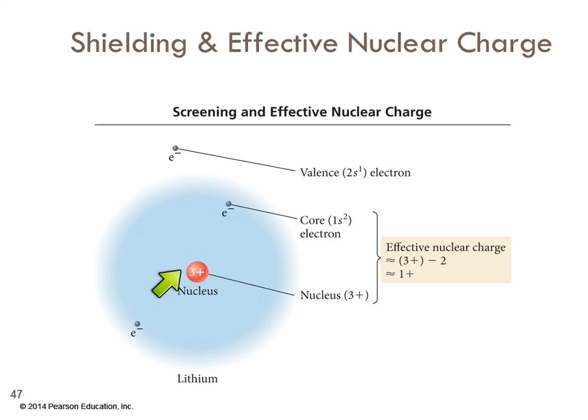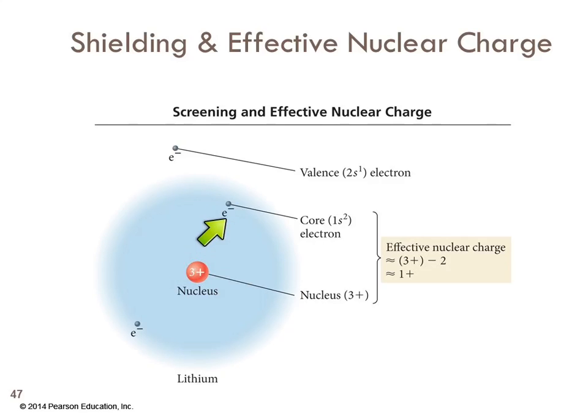So here's an example. This is lithium. Here's 3+. There's 3 protons in the nucleus, and lithium has 2 core electrons in the 1s subshell, and it has 1 valence electron in the 2s subshell. This electron gets shielded by these 2. The way I think of it is it's looking through here, and these guys are getting in the way.